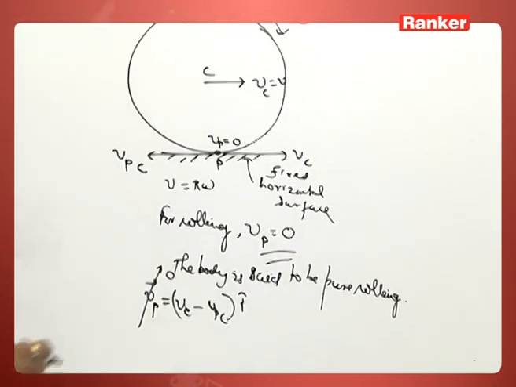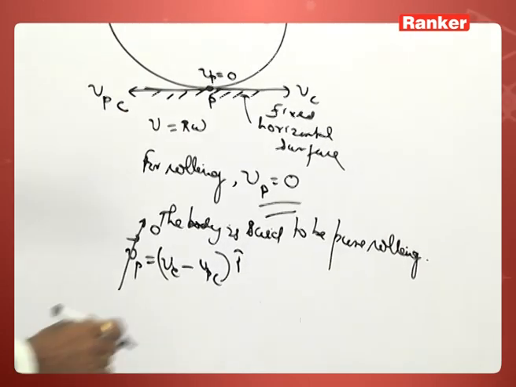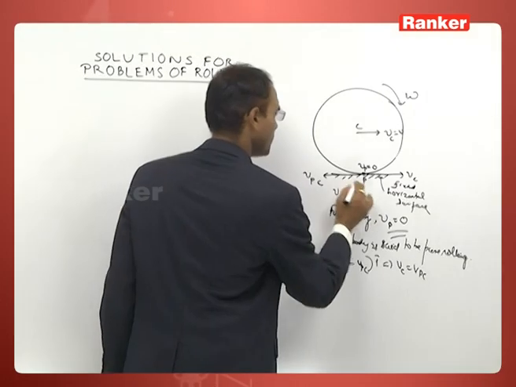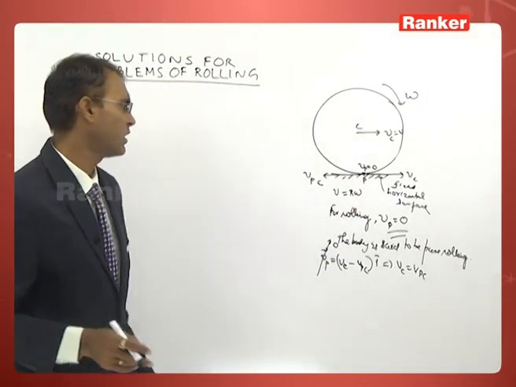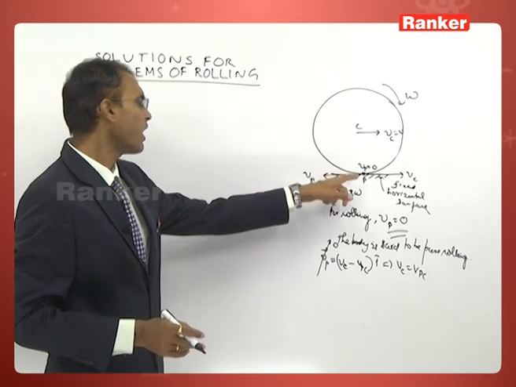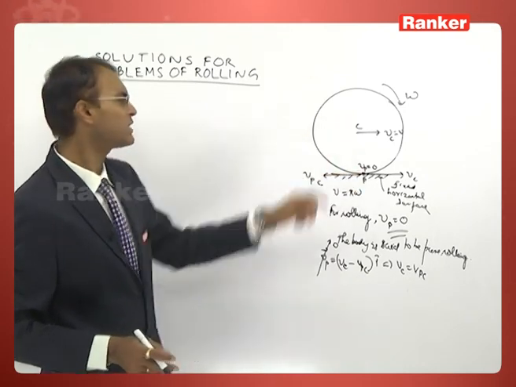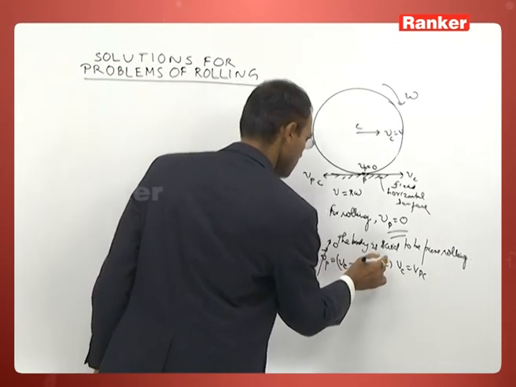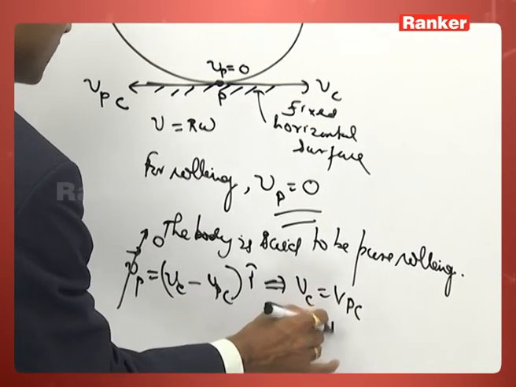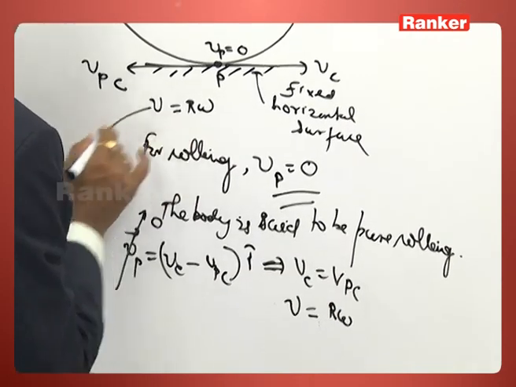When this velocity is 0, then Vc and Vpc must be equal and opposite. Center of mass velocity must be equal and opposite to the velocity of the lowest point with respect to center of mass of the rolling body. Vc is equal to V, Vpc is R omega. So this is the condition.